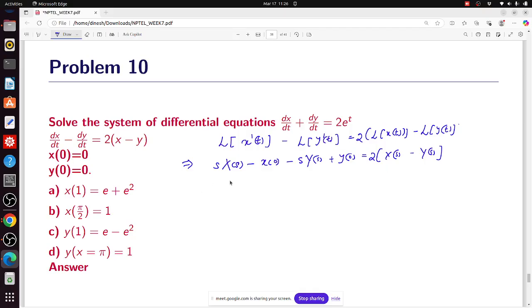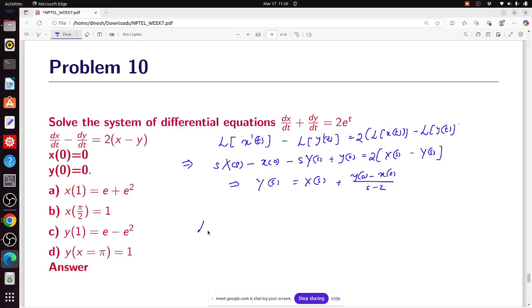So here Y(s) is equal to X(s) plus (y(0) minus x(0)) by (s minus 2).